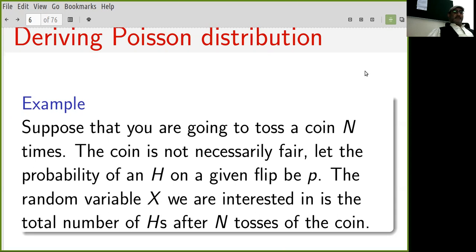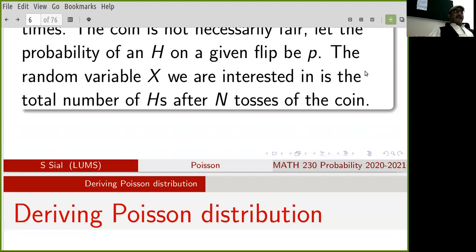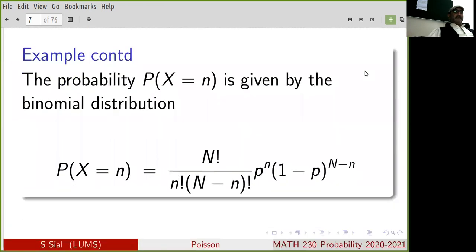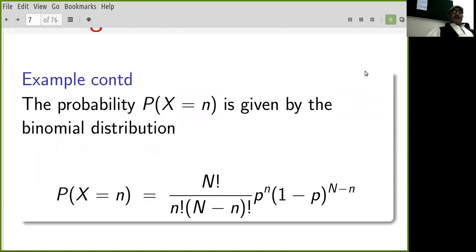The expectation is small. Capital N times P is small. Okay, so what's the exact distribution? So the distribution that we want in such a case, which exactly describes the situation, is the binomial distribution.